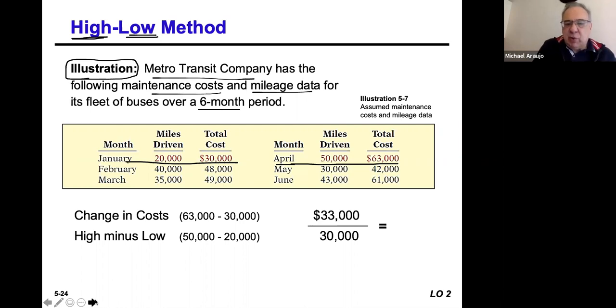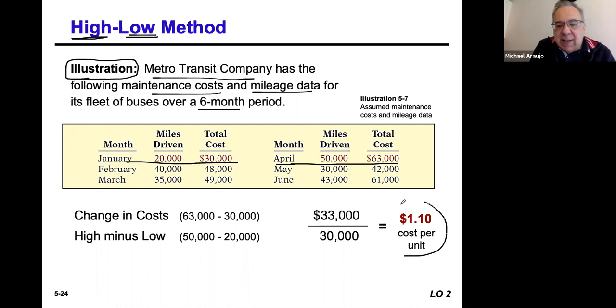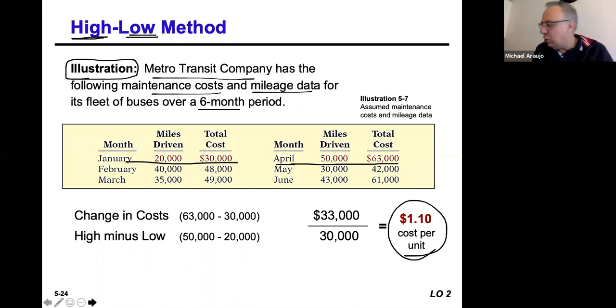The lowest was 20,000 in January. The difference is 30,000. And so basically, you can look at this as having $1.10 cost per unit using the high-low method. That's the first step you've got to do. This is explained also on page 189. It's a very good explanation.